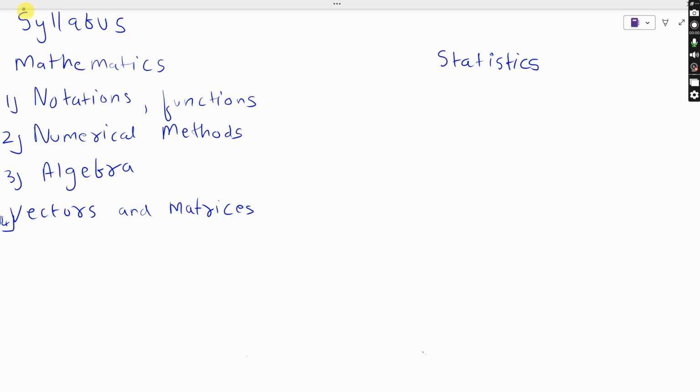And the most important part of the mathematics syllabus is differentiation and integration.